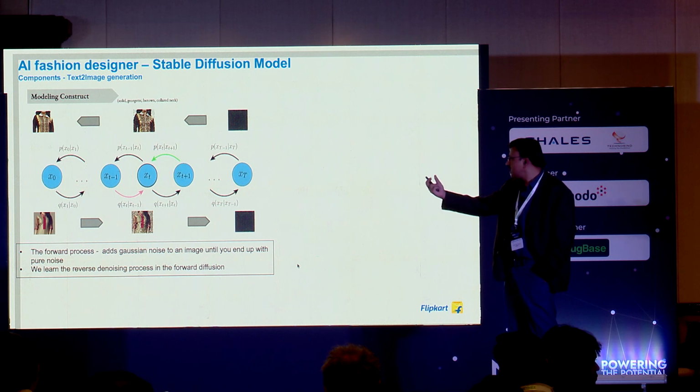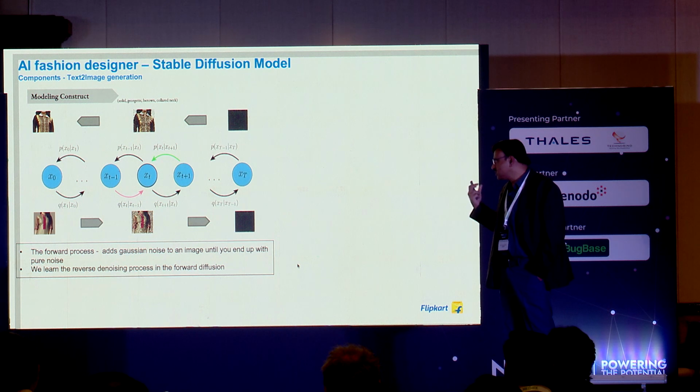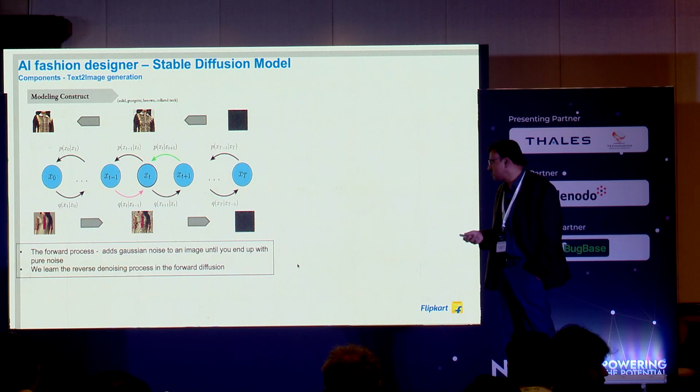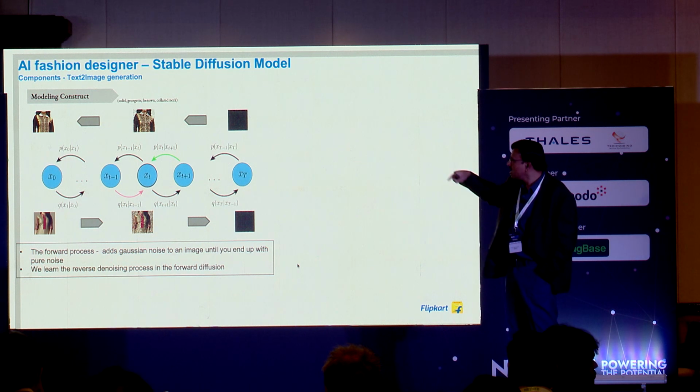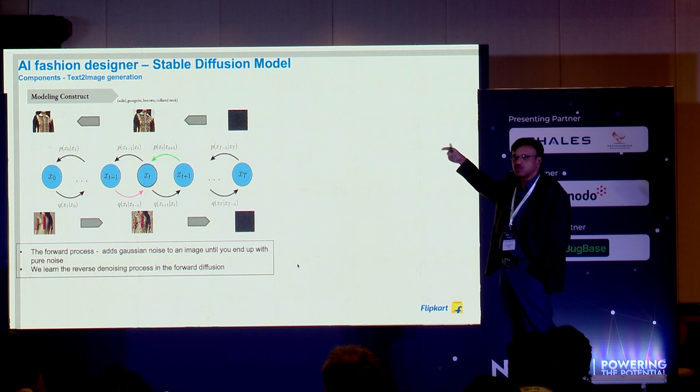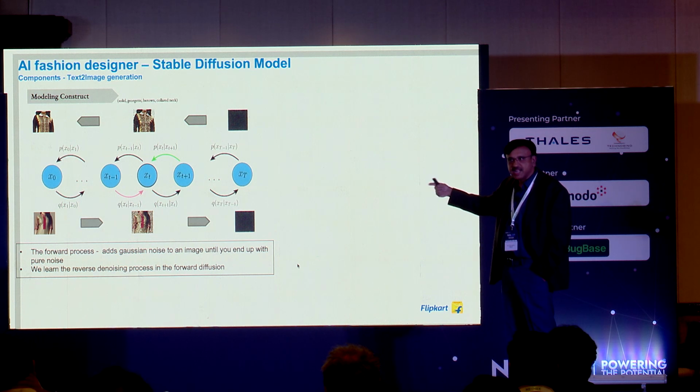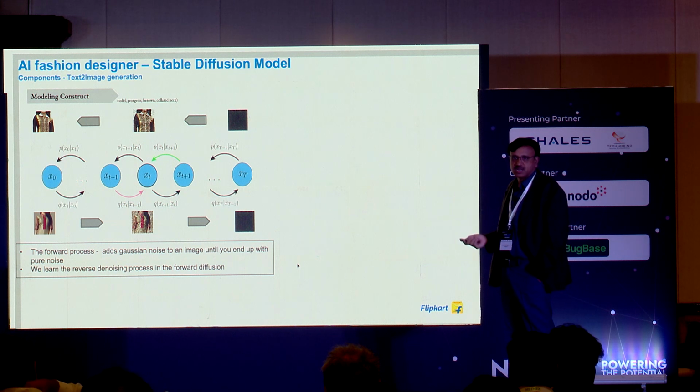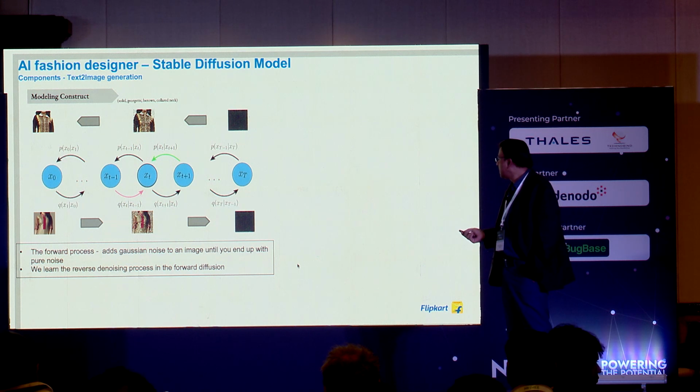While doing the forward process, you learn the reverse denoising process. And because it's Gaussian, it's stochastic, you will create a new design derived from what the machine learned.